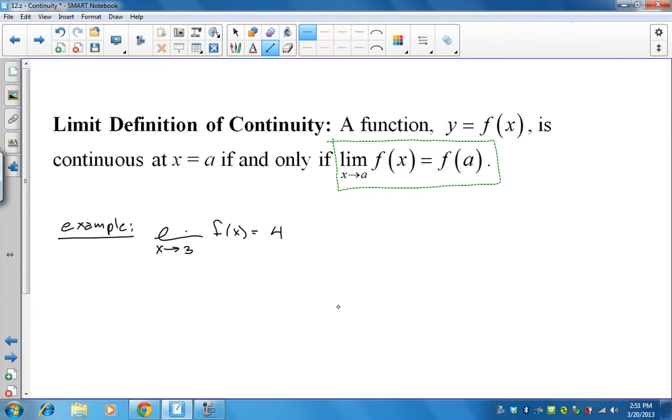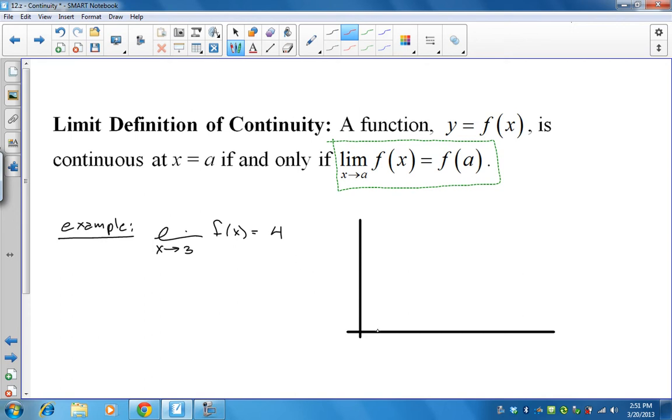Well, what that means graphically is that as my function approaches the x coordinate of 3, so I'd go over 1, 2, 3, as I get close to 3, this limit, which is both sides, the function is coming in towards a y coordinate of 4. So on the left side of 3, I'm coming in at 4, and on the right side of 3, I'm coming in at 4.